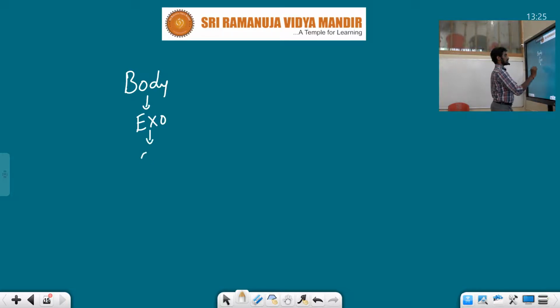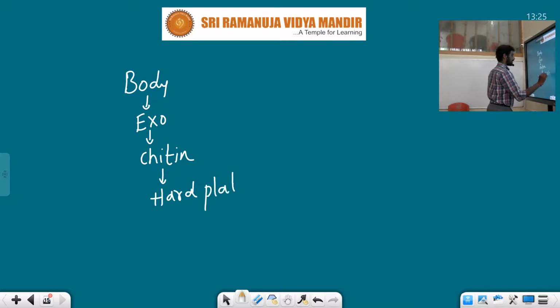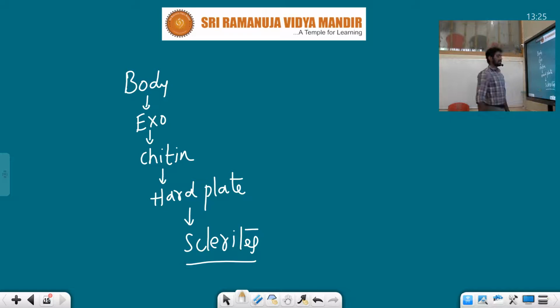This exoskeleton is made up of chitin, a nitrogenous material, and the chitin forms hard plates, right? Hard plates we call sclerites.